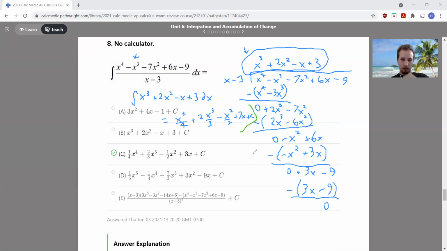And so this is our answer. X to the fourth over 4 is the same thing as 1/4 times x to the fourth. And so that's our answer for this one.